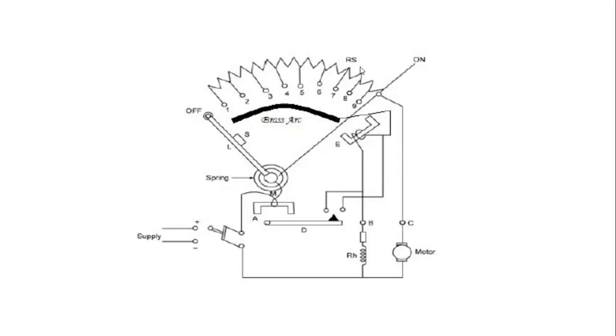After that, the handle reaches the on position, which means all the resistance in the circuit is cut down. Then the total current reaches the armature and the field windings, and automatically the motor attains the rated speed.